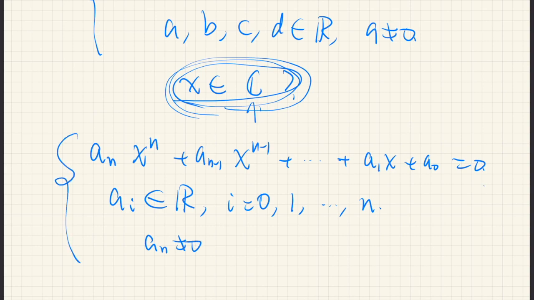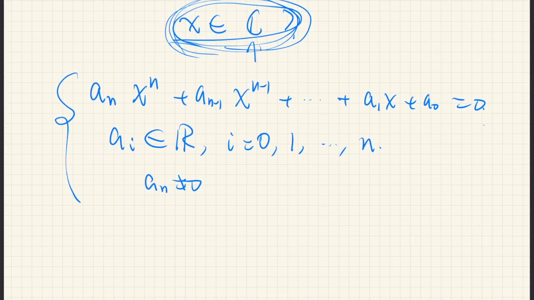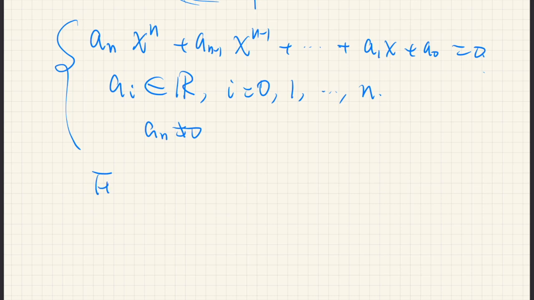So for this equation, can we find all the solutions within the set of complex numbers? And the answer is actually yes. And this is a famous theorem called the fundamental theorem of algebra.